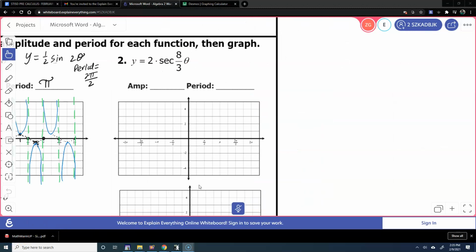For number 2, the amplitude will be 2. And to find the period will be 2 pi divided by 8 over 3. In this case, it's 2 pi times 3 over 8, which comes out to be 6 pi over 8. As you can simplify, it's going to be 3 pi over 4.